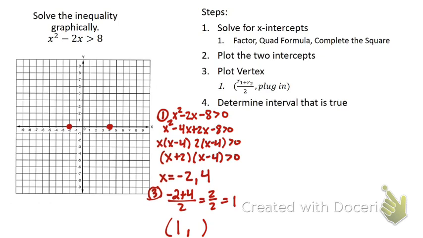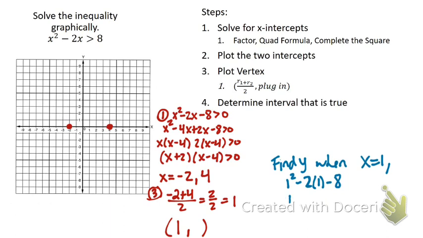To find the y value that goes with your vertex, oh wait, I can't write there because of the glare. To find the y value that goes with your vertex, you plug in 1 for x. So we have 1 squared minus 2 times 1 minus 8.